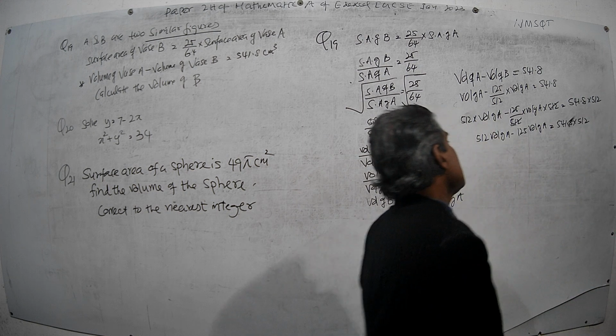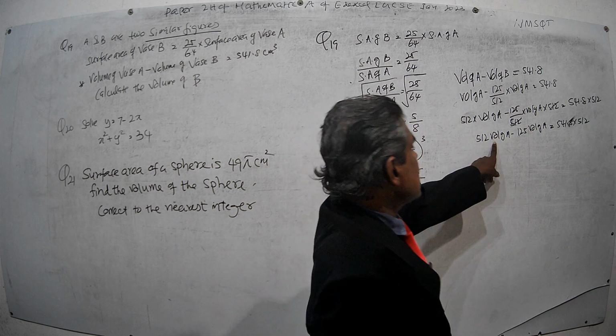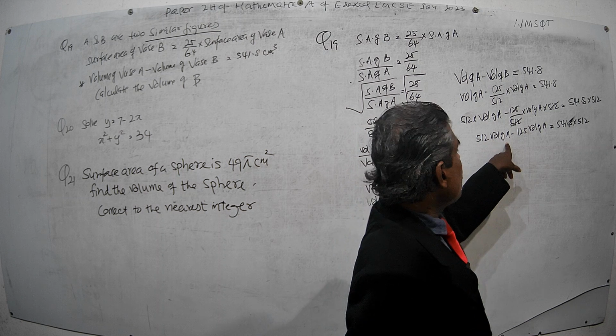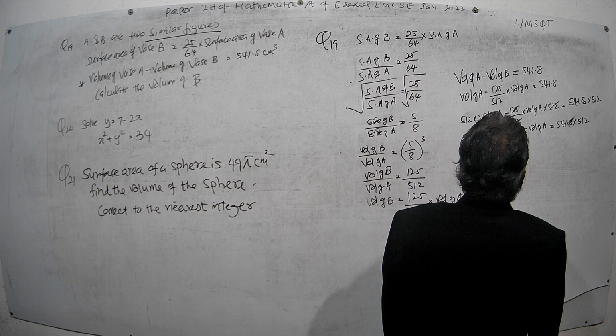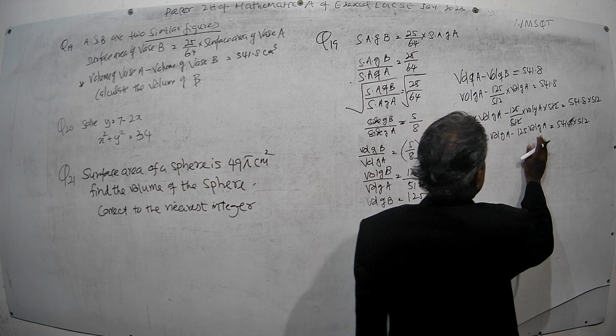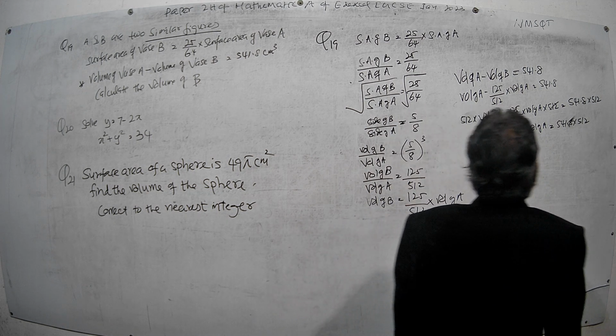Okay. Now this is a like term. Volume of A, volume of A, they are like terms, therefore you can subtract 512 volume A minus 125 volume A.